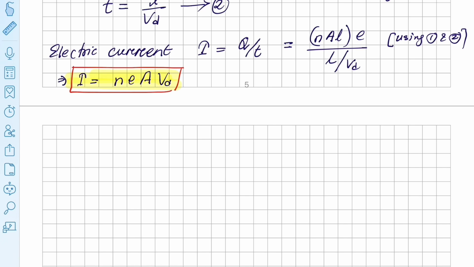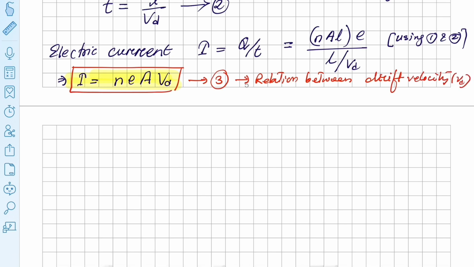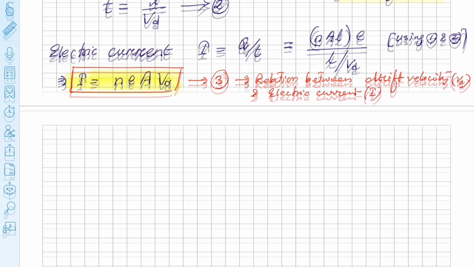So this is the relation between drift velocity and electric current. Let it be equation number 3. This is the relation between drift velocity, that is Vd, and electric current, that is I.